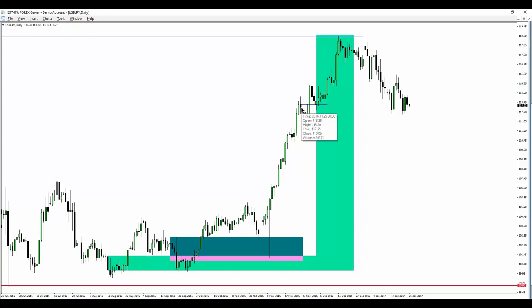Open comes in at 113.28, and this candle's open was 113.26, so it's only 2 pips below it. And look at the movement off of that level. 1, 2, 3 times you could have bought and caught that last piece. Now, that's not a long-term position trade, mind you, but it is what you'd be focusing on to see more upside pressure on this move once you had already been in it.